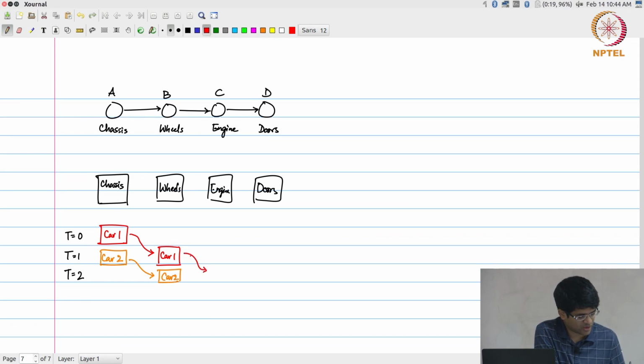The one which has wheels already fitted would move to the engine, okay, and a new car can take its place as far as the chassis is concerned, right. And at t equal to 3, I would have the first one going through to get its doors fitted, the second one would be getting its wheels fitted or engine fitted, the third one would be getting wheels fitted, and the fourth one would just be starting.